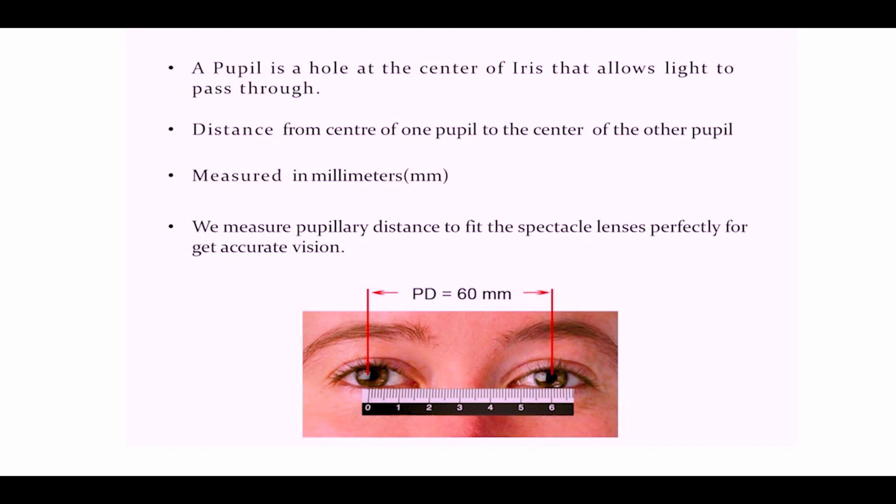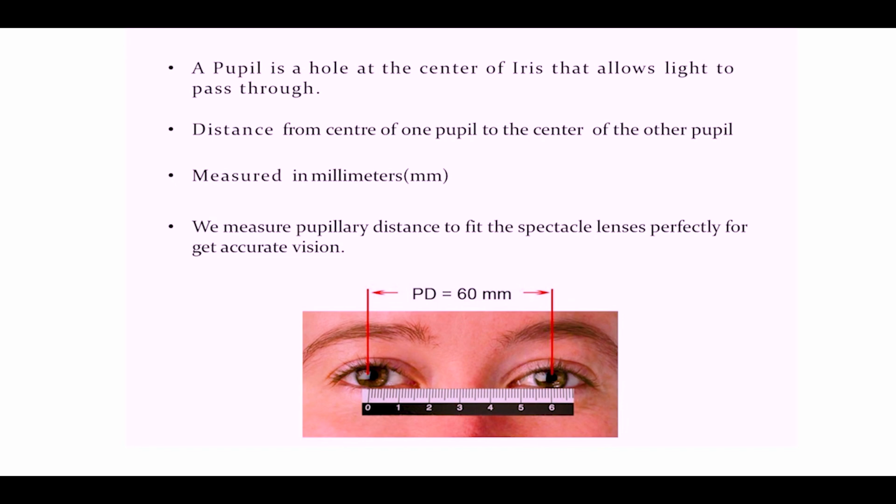The iris expands and shrinks. When the iris expands, the pupil becomes small, so the light that is supposed to enter the eye gets less entry.